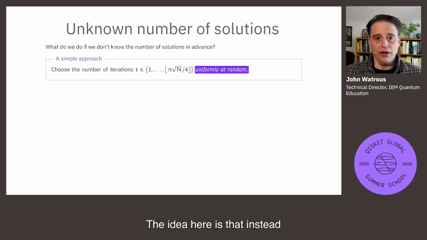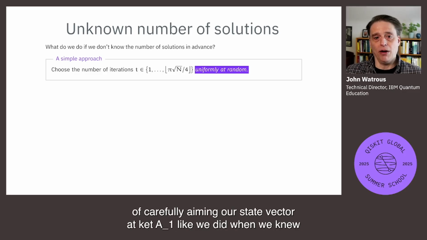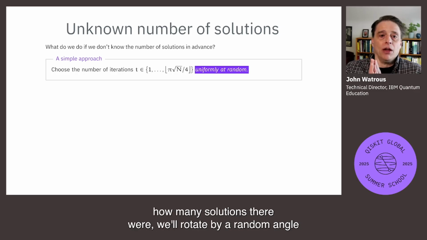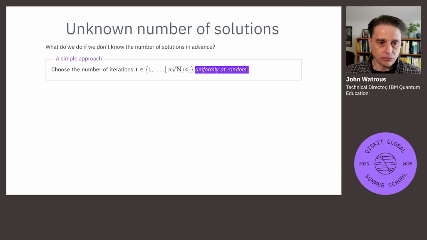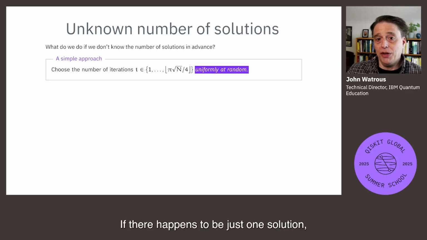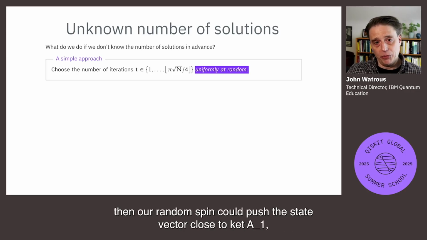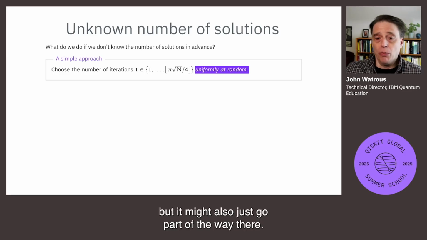The idea here is that instead of carefully aiming our state vector at ket A1, like we did when we knew how many solutions there were, we'll rotate by a random angle, as if we're giving the state vector a haphazard spin. If there happens to be just one solution, then our random spin could push the state vector close to ket A1, but it might also just go part of the way there.